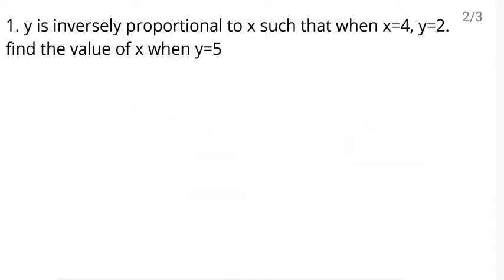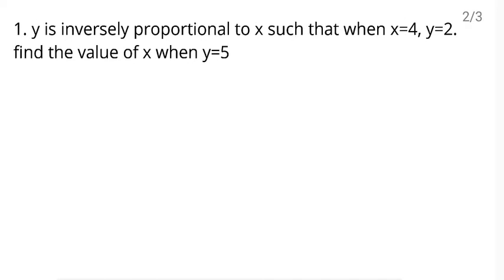Example 1 is saying that y is inversely proportional to x such that when x equals 4, y equals 2. Find the value of x when y equals 5. So since y is inversely or indirectly proportional to x, you write the expression as y is inversely proportional to x.